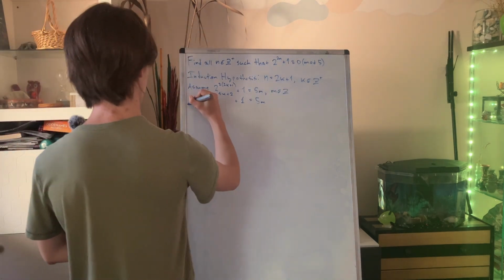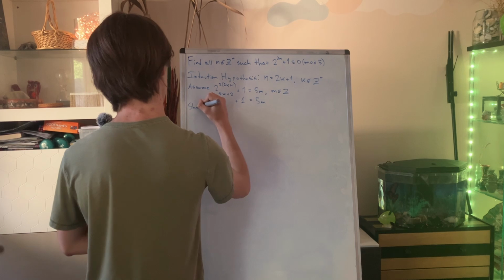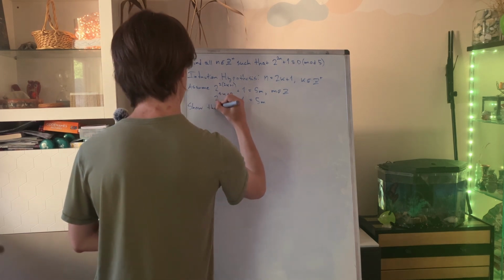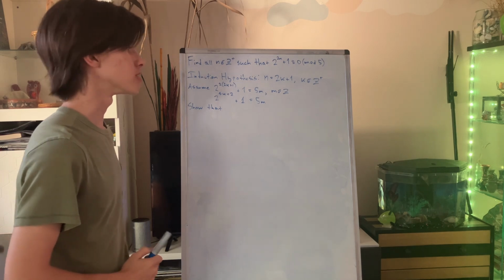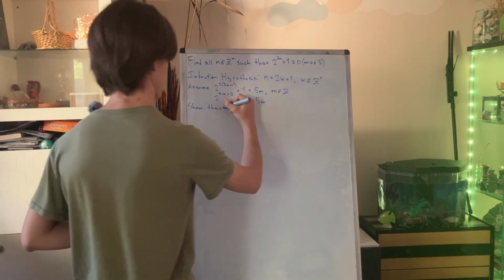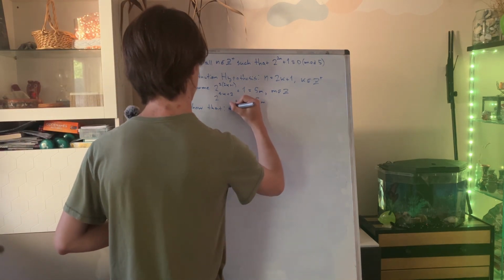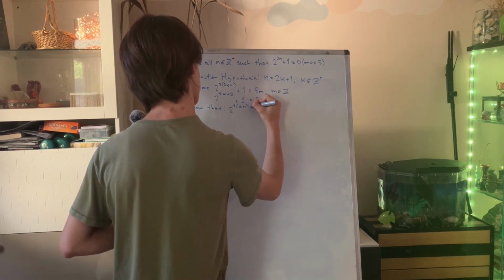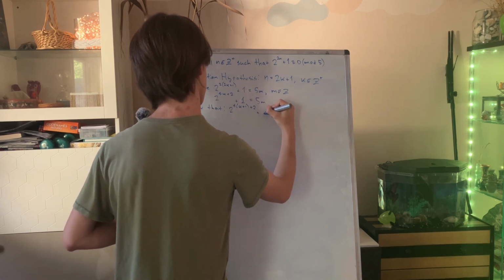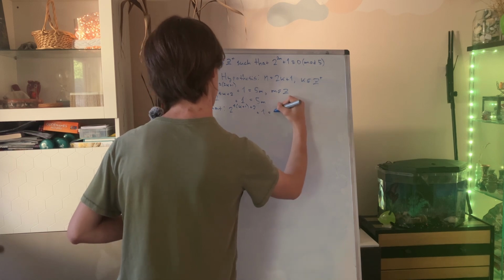And to do our induction, we have to show that this expression is satisfied for the case of k plus 1. So we have to show that 2 to the power of 4 times k plus 1, plus 2, plus 1 is equal to 5m.